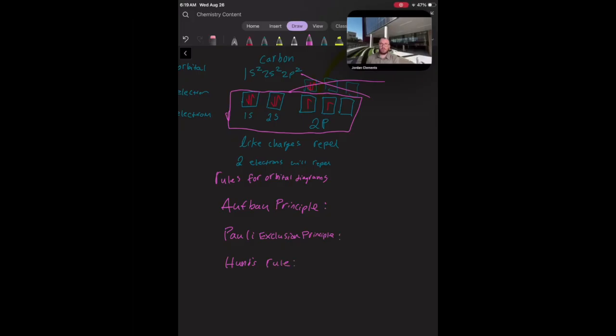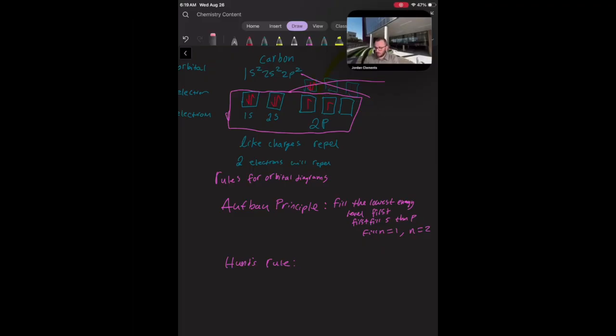The Aufbau principle states that we must fill the lowest energy level first. Which we did. So, right, first fill S, then P, and also we fill n equals 1, then fill n equals 2, in that order.